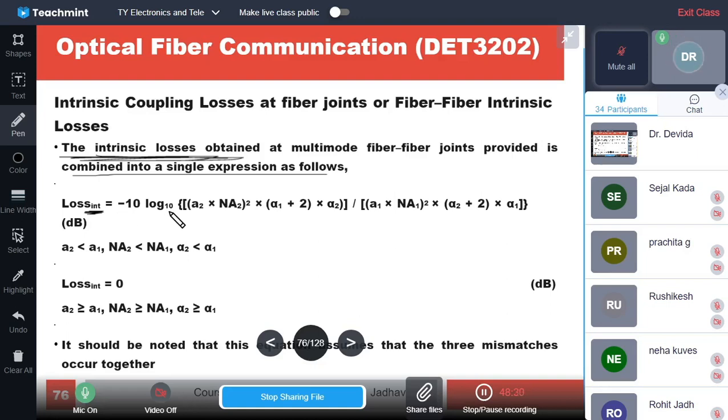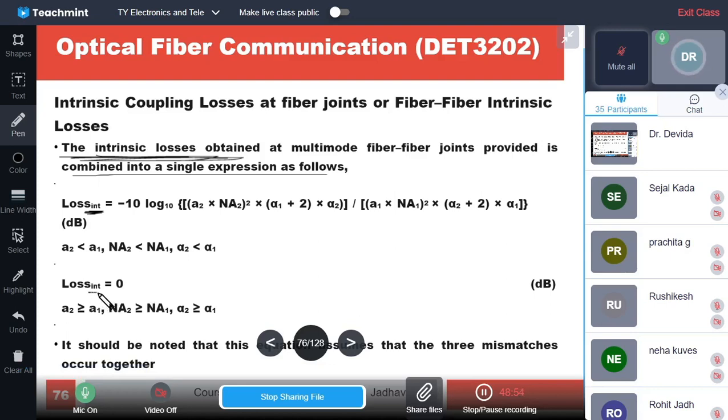Loss INT = -10 log to the base 10 of [A2 into NA2 square into (alpha 1 plus 2) into alpha 2] divided by [A1 into NA1 square into (alpha 2 plus 2) into alpha 1]. All the formulae combined together, under the conditions A2 less than A1, NA2 less than NA1 and alpha 2 less than alpha 1.